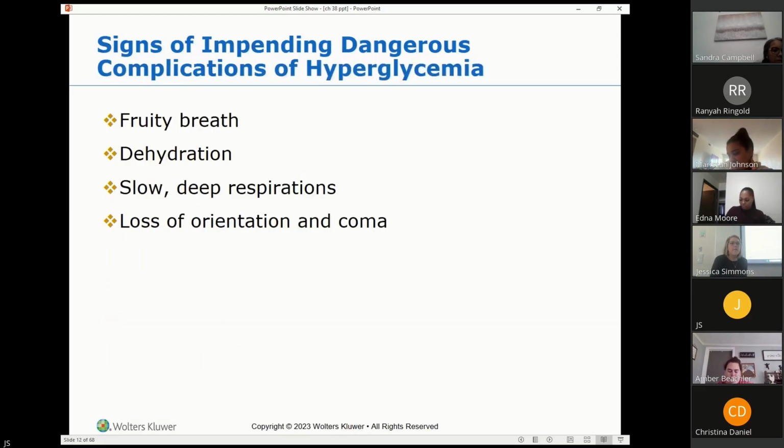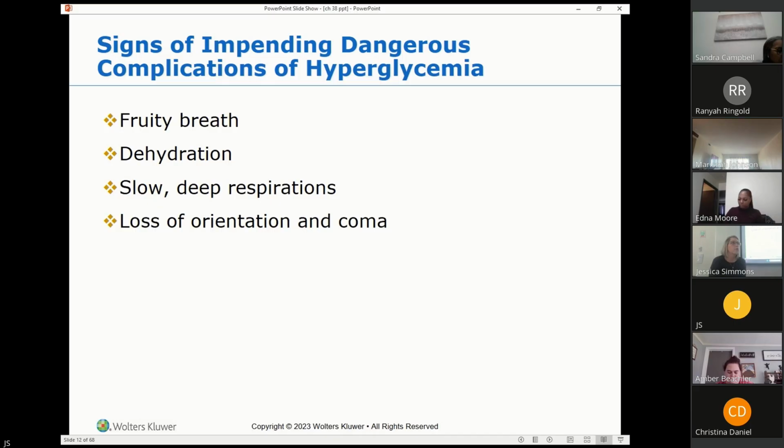Signs of impending dangerous complications of hyperglycemia: fruity breath, dehydration, slow, deep respirations, loss of orientation, and coma. What do we call this? DKA, diabetic ketoacidosis, most of the time occurring in type 1 diabetes. The fruity breath is caused by the ketone production. This accompanies dehydration.